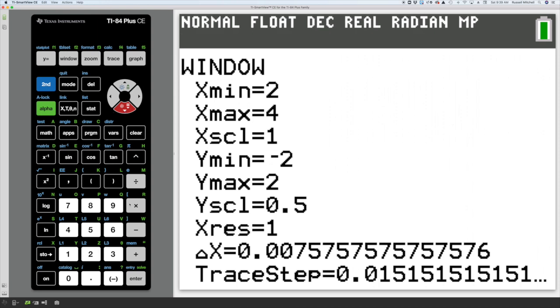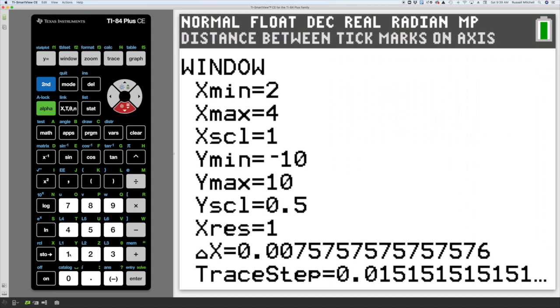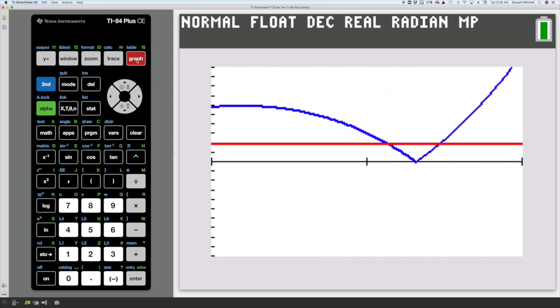Y-min, let's make it go from like -10 to 10. And you don't really know until you just jump in and try and see what are the settings, okay? Let's do that, and the y scale is 1. And let's go ahead and graph and see what we get. Actually, that was a pretty good choice, okay, from -8 to 8.